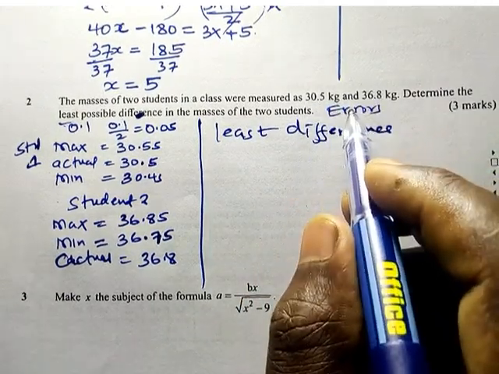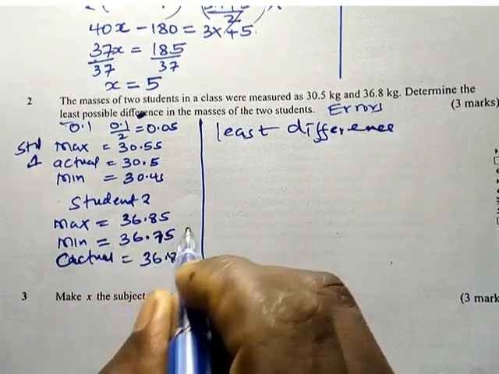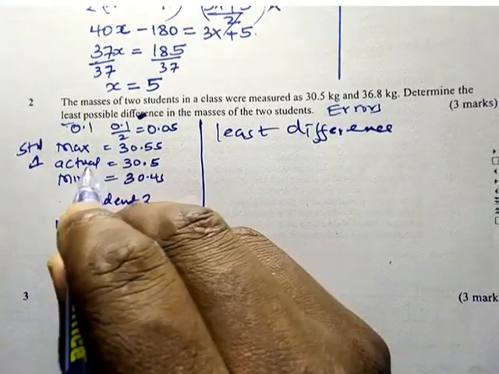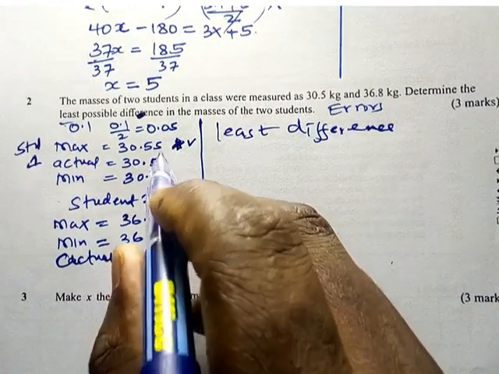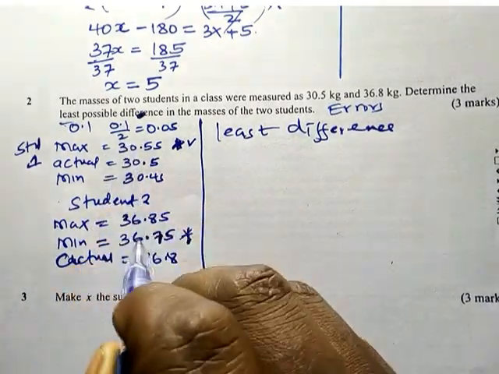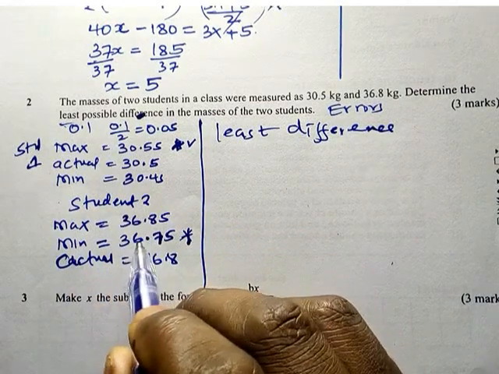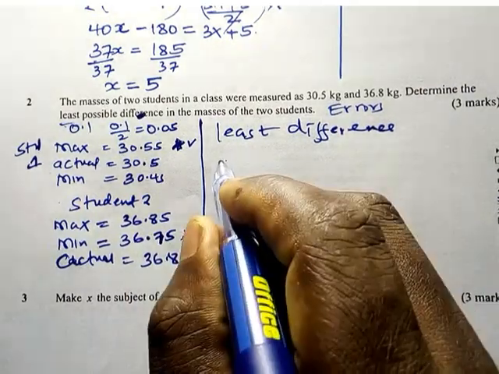To get the least, we subtract the minimum from the maximum. So we subtract the minimum of student 2 from the maximum of student 1, like this.